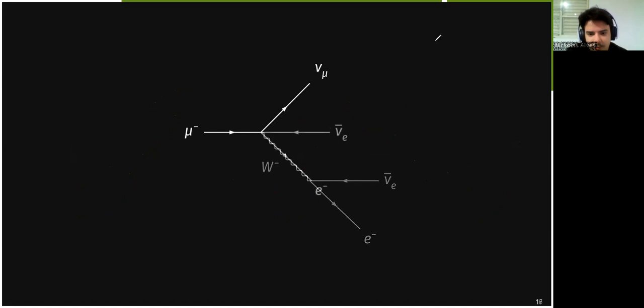Now, another way of seeing this, if you're not interested in the details of the decay, is the so-called Fermi interaction, in which we just have the muon decaying directly into a muon neutrino, an anti-electron neutrino, and an electron, and the W boson is accounted for in this interaction and how exactly the interaction happens. So this is a way of zooming out a quantum field theory.